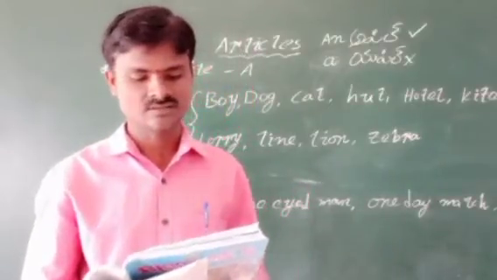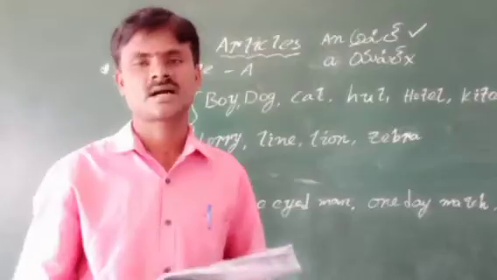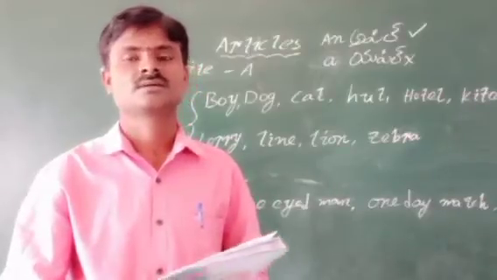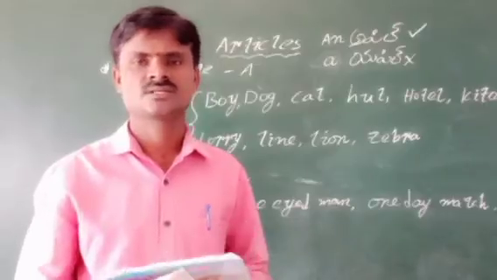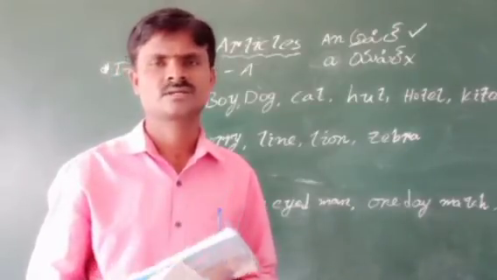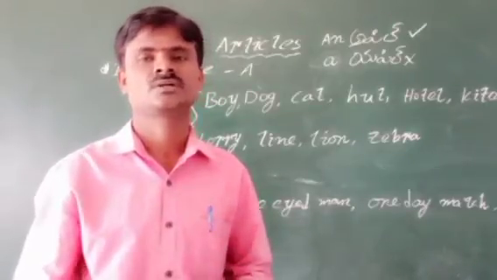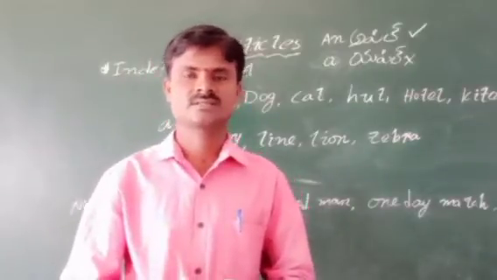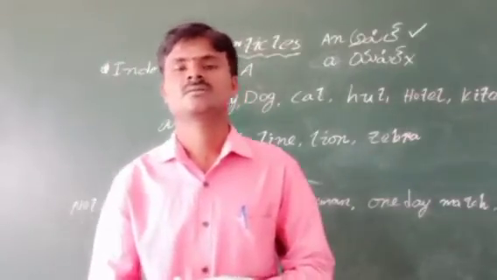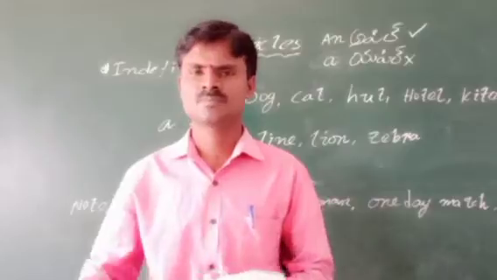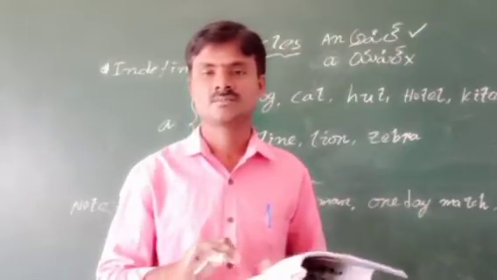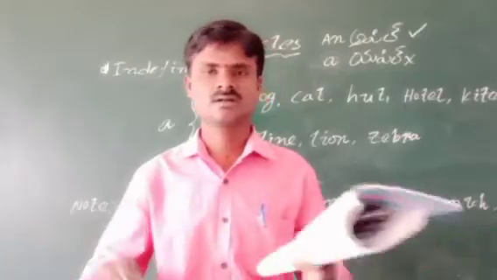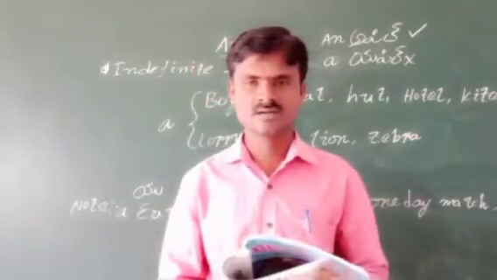I saw a dog. Dog is a common noun. How can you say that dog is a common noun? Because every dog has its own name. Pet names are there, their breeds are there, and their names are different. But here dog is common for all dogs. I saw a dog.